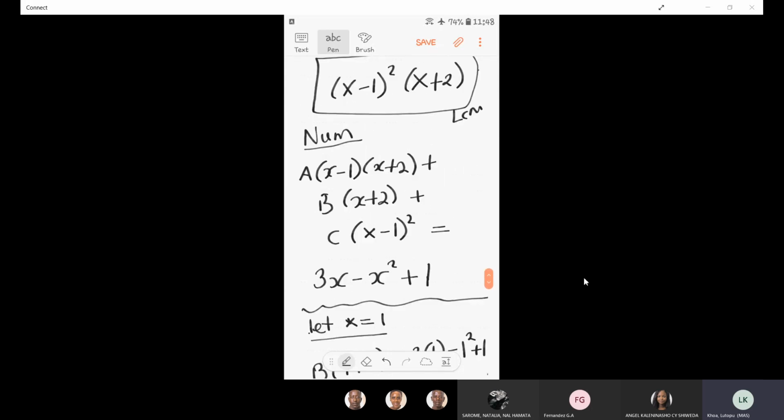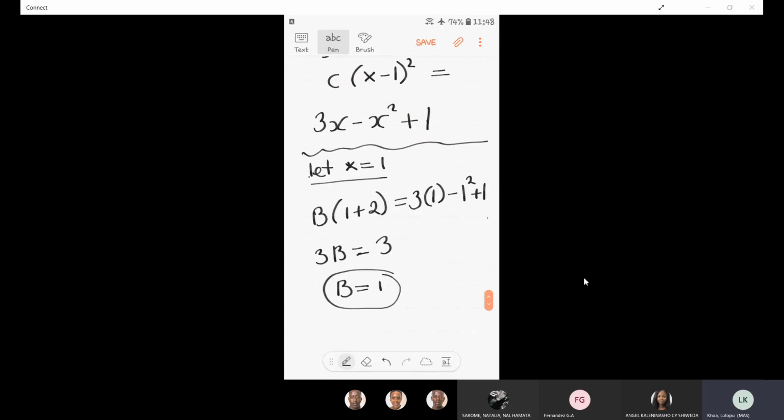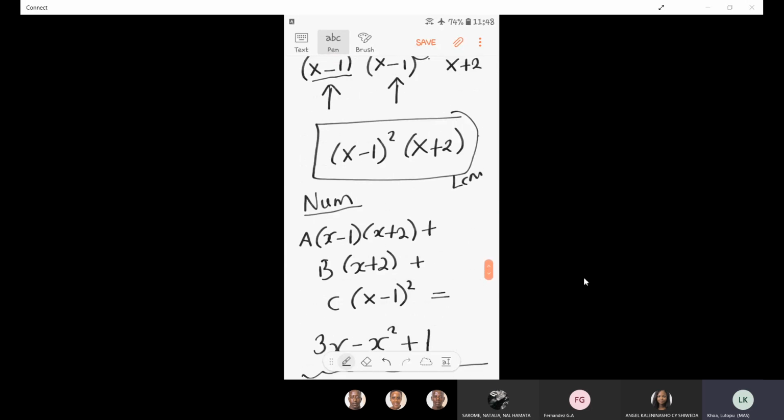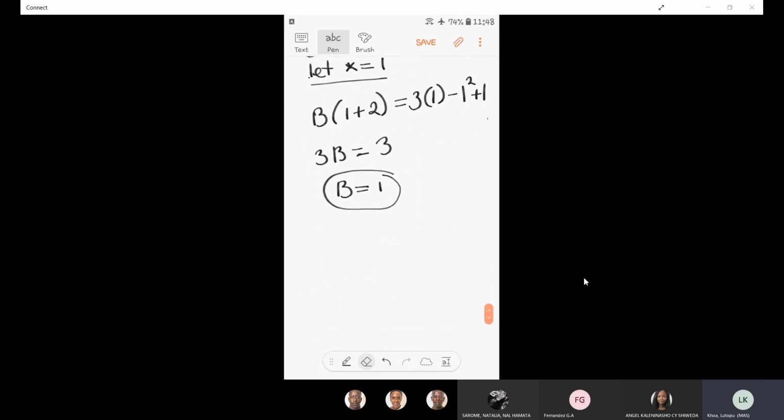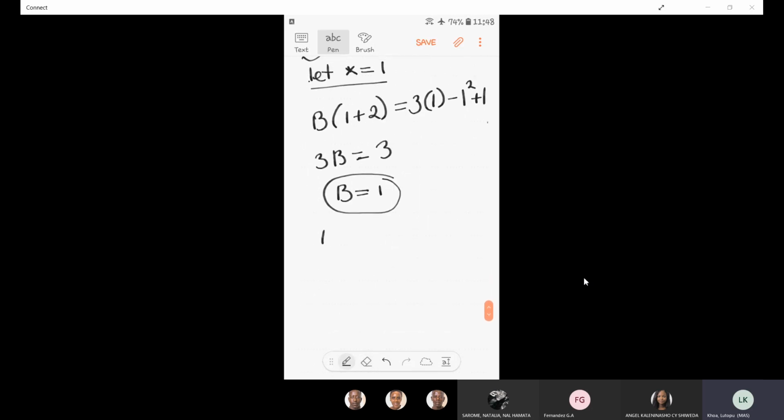Then I go back and see, can I substitute anything to get rid of one of the other terms? So if I substitute x is equal to minus 2, you'll notice that the term with A will disappear, the term with B will disappear, and I will be left with C alone. So when I let x equal to minus 2, I will have C times minus 2 minus 1 squared.